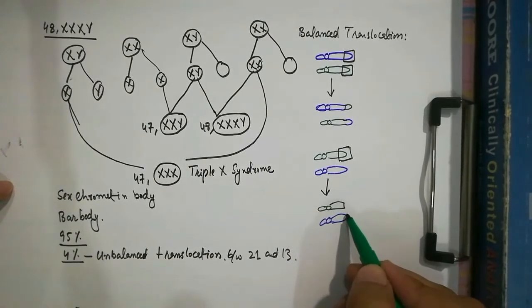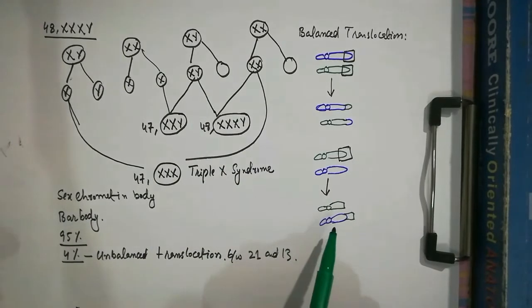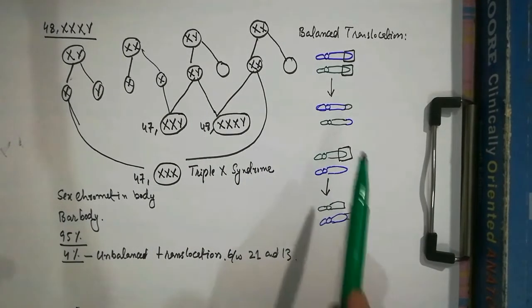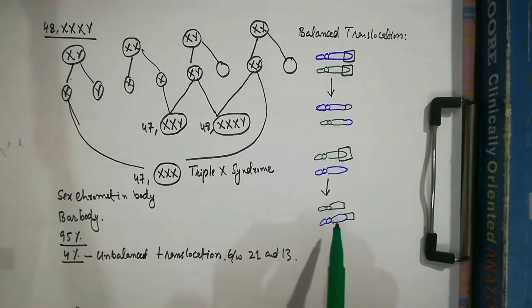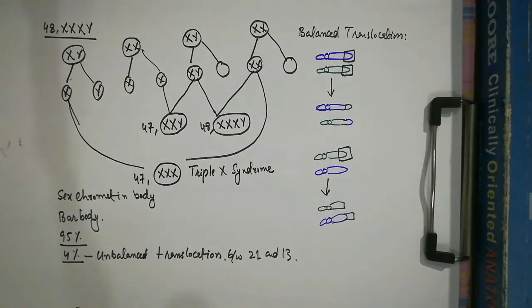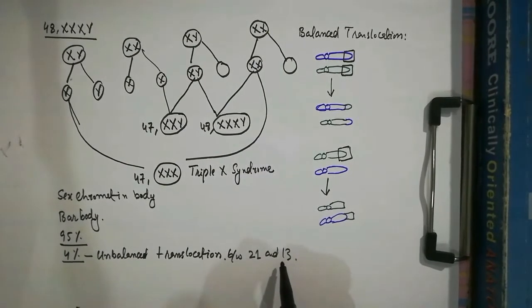And this part is attached with this chromosome. This is unbalanced translocation. This is balanced translocation and this is unbalanced translocation. Unbalanced translocation between chromosome 21 and 13, or between 21 and 14, or 21 and 15 is the cause of Down syndrome in 4% of cases.